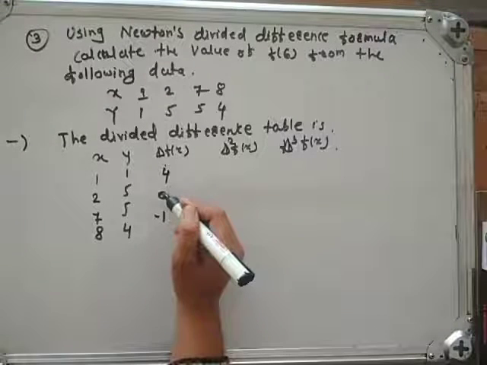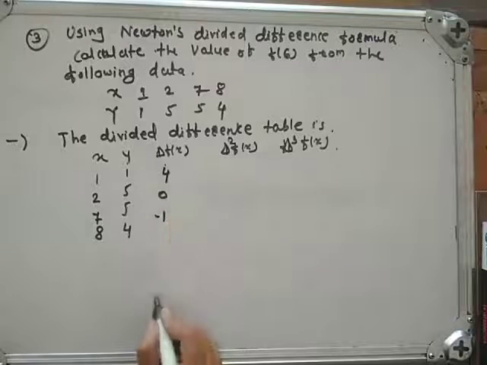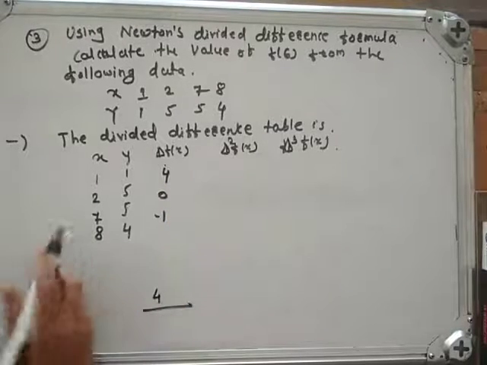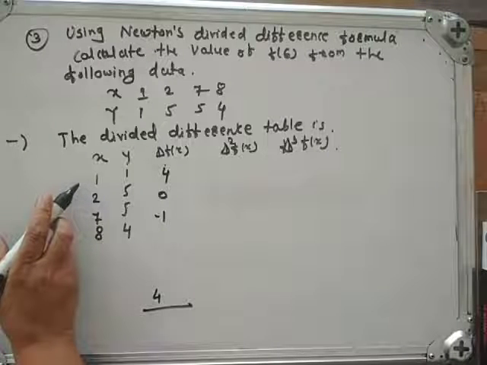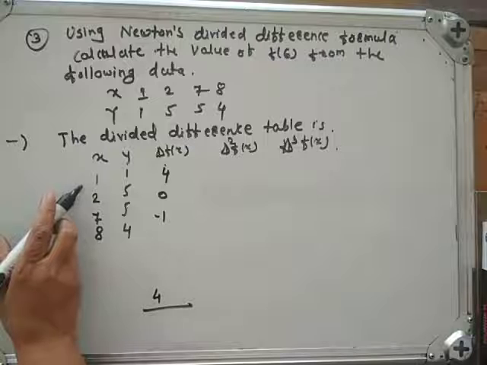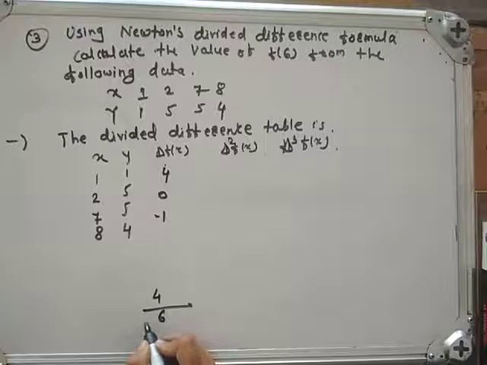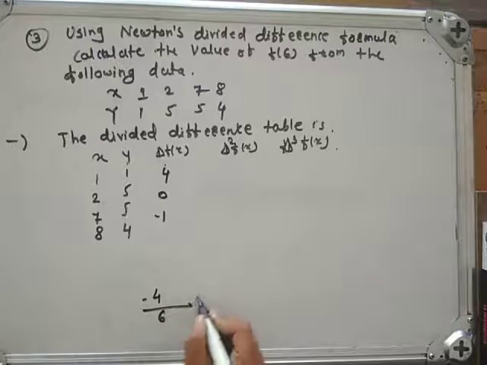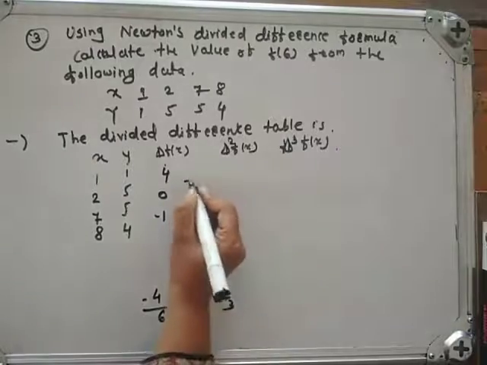Next is the difference of these two, means 4 upon the difference of 7 minus 1 which is 6, and this is minus 4 because 0 minus 4, which gives minus 2 by 3.